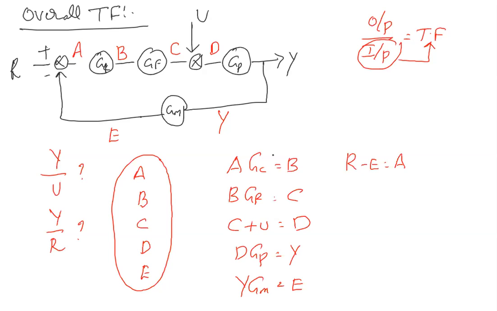It is R minus E, this is the minus symbol, this is the plus symbol. See, measurement is also a process. You have a thermocouple, it has an input and it has an output. Always there is some difference.